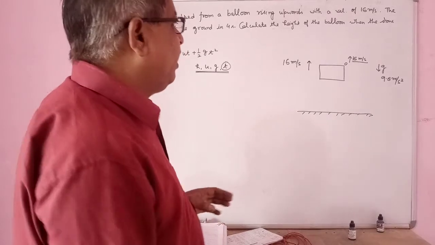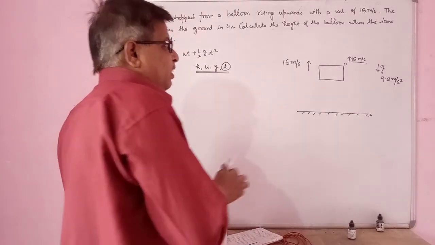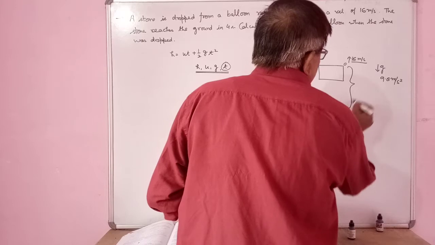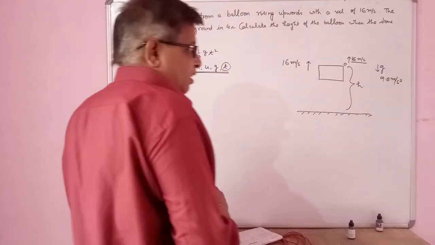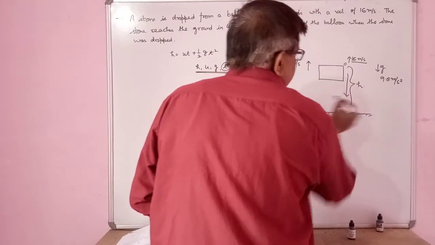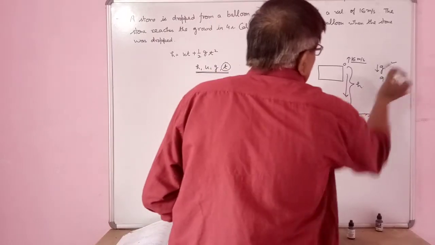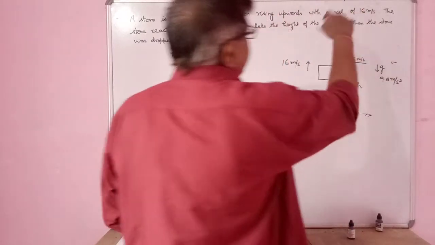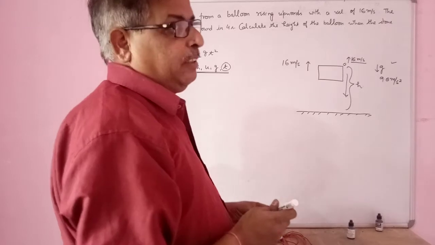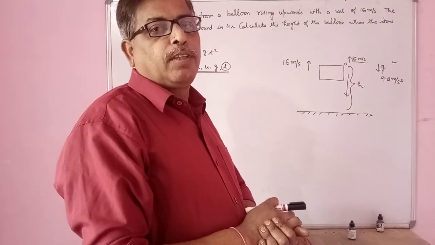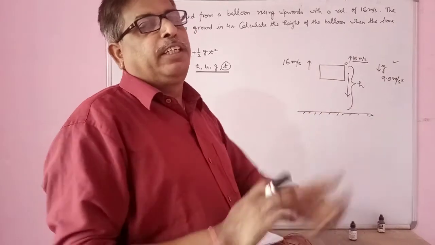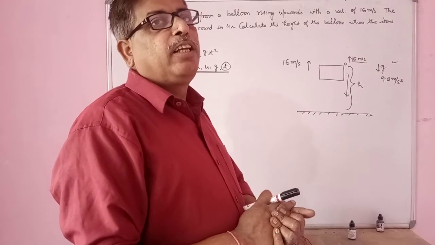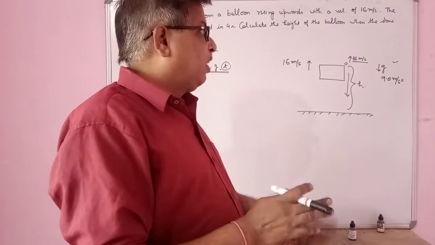If we want to find this displacement h, it is in downward direction, g is in downward direction, and u is in upward direction.